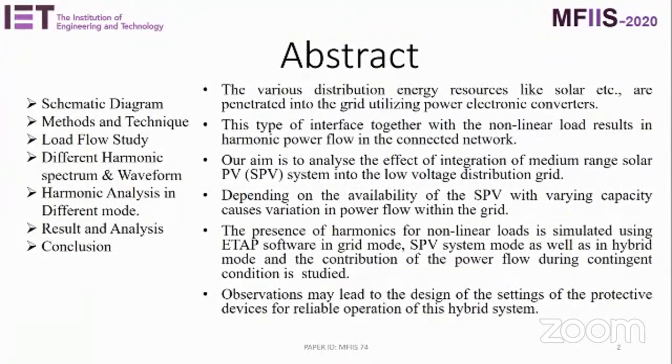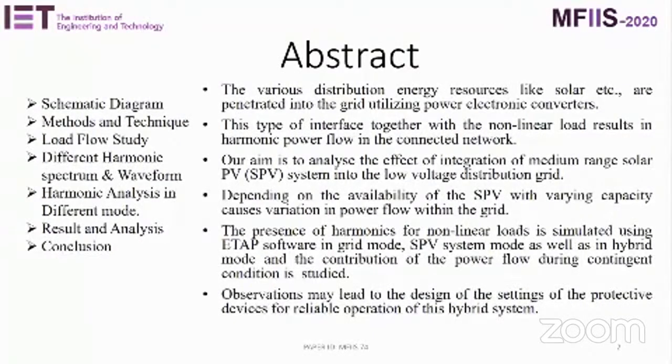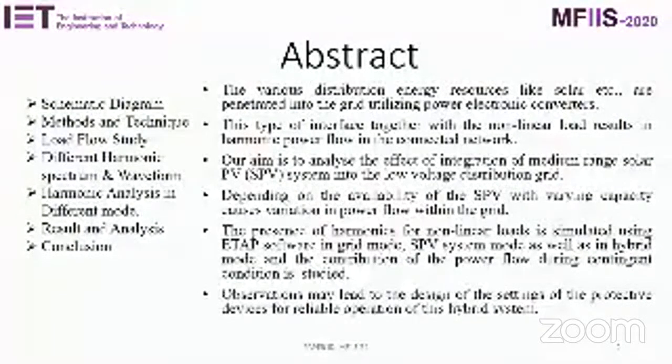So our aim is to analyze the effect of integration of a medium range solar photovoltaic system into the low voltage distribution grid, and how to mitigate the harmonic problem in the microgrid in the optimum way.